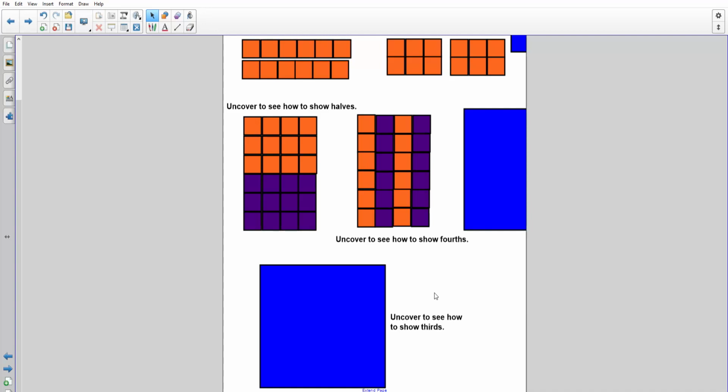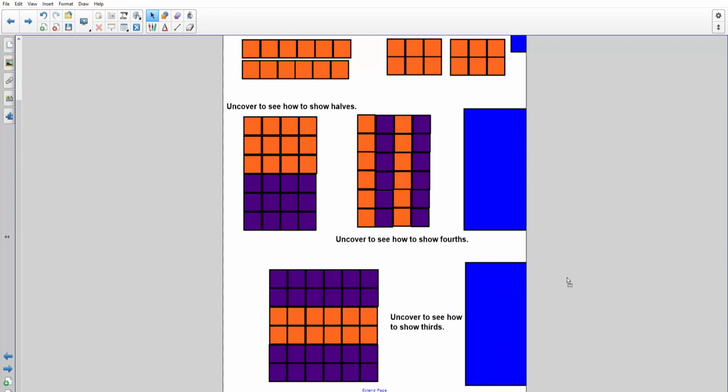Now I'm going to uncover this last one to show thirds. Thirds is often the trickiest to show because it's not something we're used to thinking. We're used to thinking of breaking things into halves for 2, or maybe into fourths for 4. But thirds doesn't usually happen very often and isn't what we expect or is easy for our mind to understand. So check out this one.